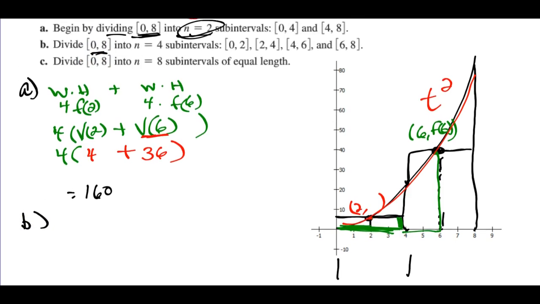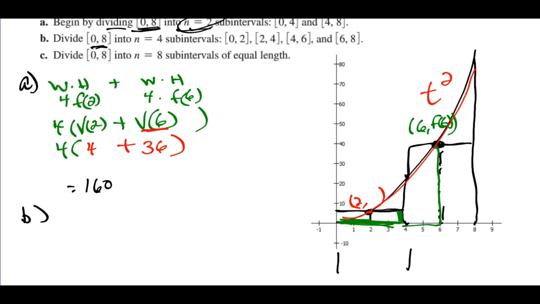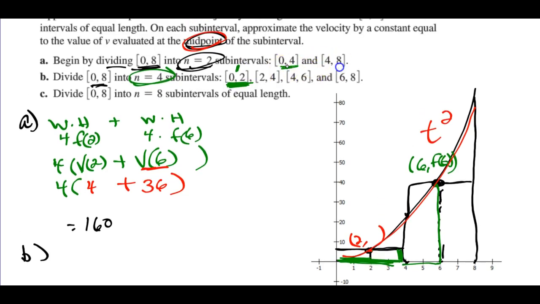Well, it's still between 0 and 8, but my subintervals are 4 subintervals, and I suppose I'm still doing the midpoint. So I'm not going to draw it here, but the midpoint between 0 and 2 would still be, well, midpoint here would be 1, but notice that the width has changed from a width of 4 in the first example to now only widths of 2.